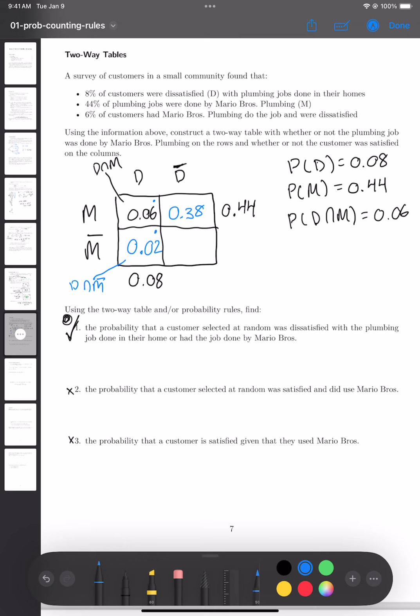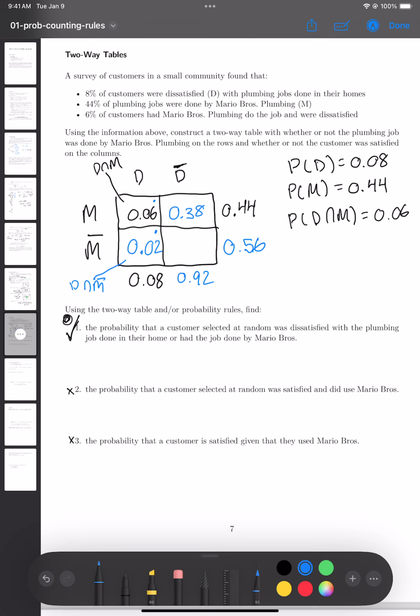And then the rest we can continue to fill in using a straightforward application of the complement rule. So if the probability of M is 0.44, the probability of M bar has to be 0.56. The probability of being dissatisfied is 0.08. The probability of that complement, D bar, is 0.92. And then we've got a bunch of ways that we could fill in this last cell.